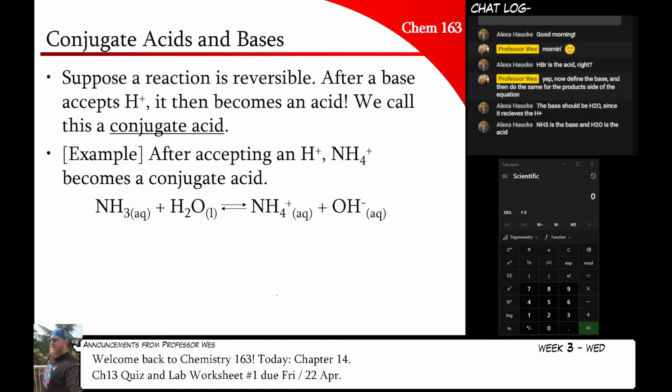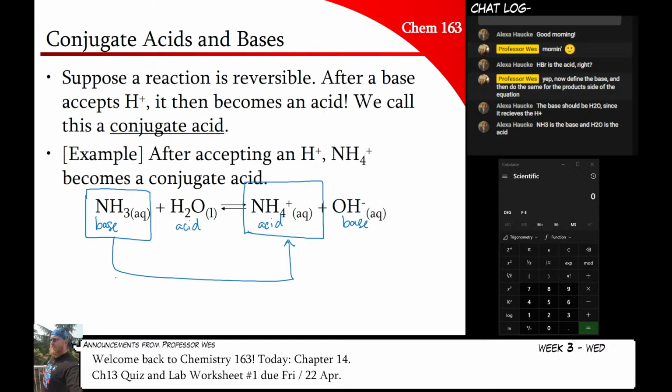So over here, if I identify what my acids and bases are, this is a base, this is an acid, this is a base, and this is an acid. What I would do is say, okay, what substance is NH3 but different by only H+? And that would be this.